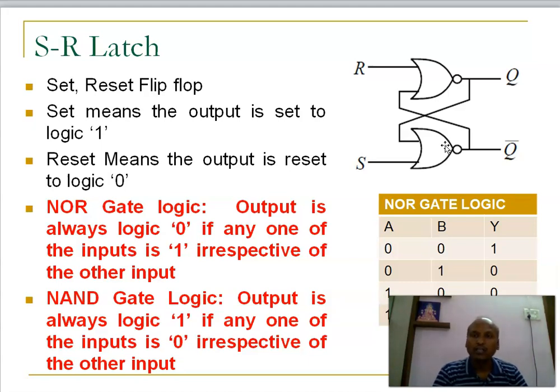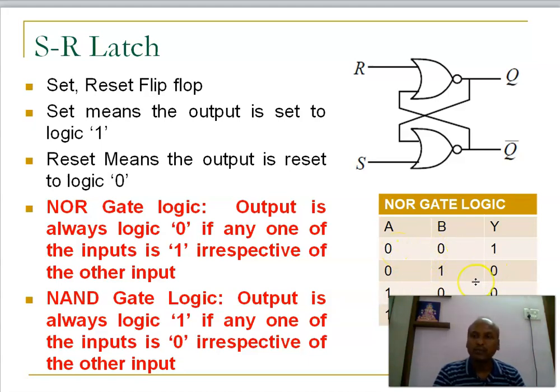The NOR gate logic is: whenever A and B both are 0, then only the output is 1. In all the other cases, the output is 0. In the sense, if any one of the inputs is 1, the output naturally becomes 0. The output will be 1 only when both the inputs are 0.